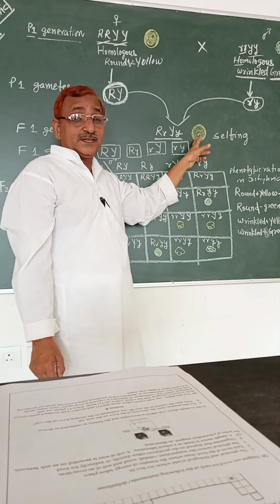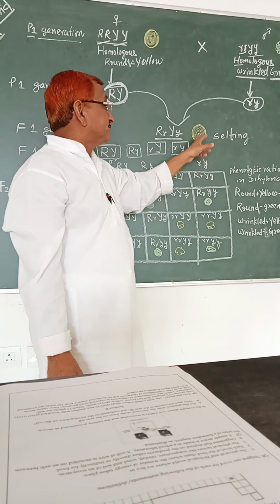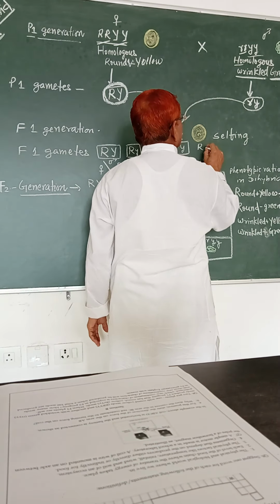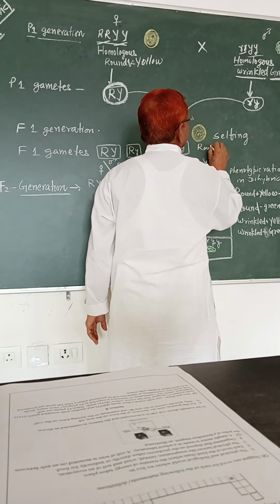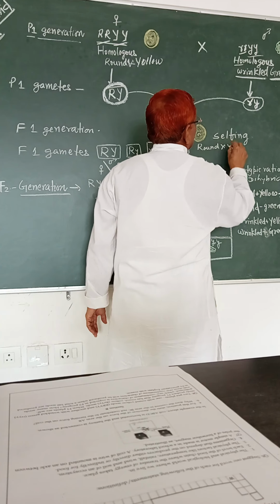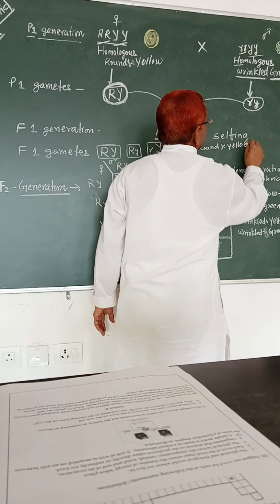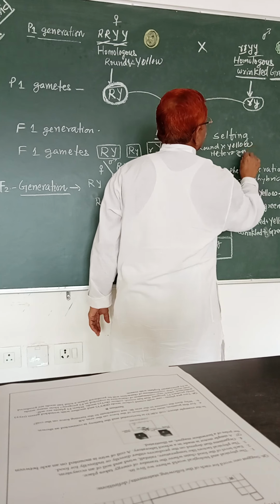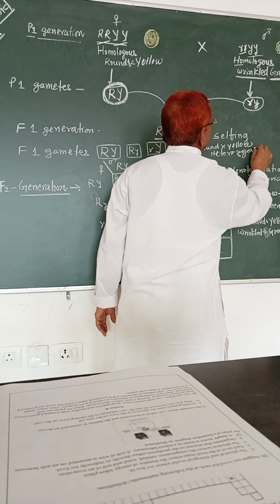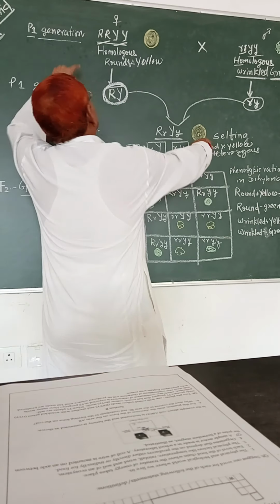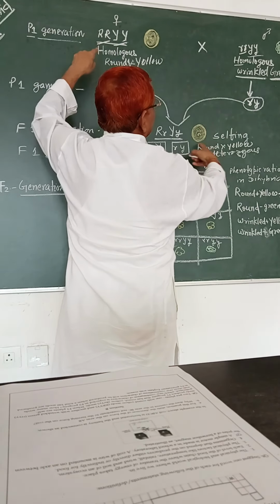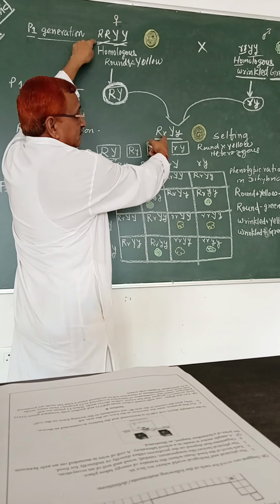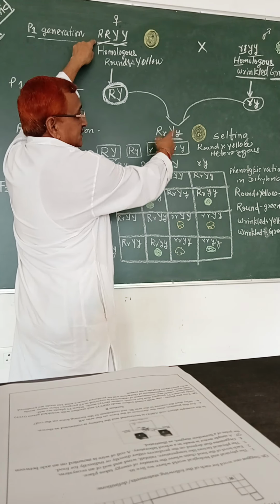So the phenotype will be round and yellow, but heterozygous. The phenotype is similar to the P1, but the genotype is not similar. The genotype is changed. It is hetero, with different alleles present here.